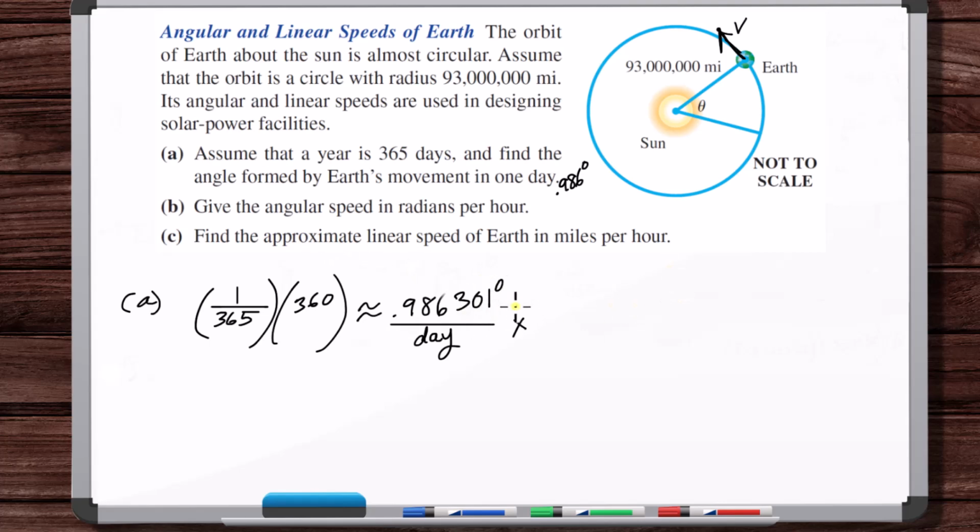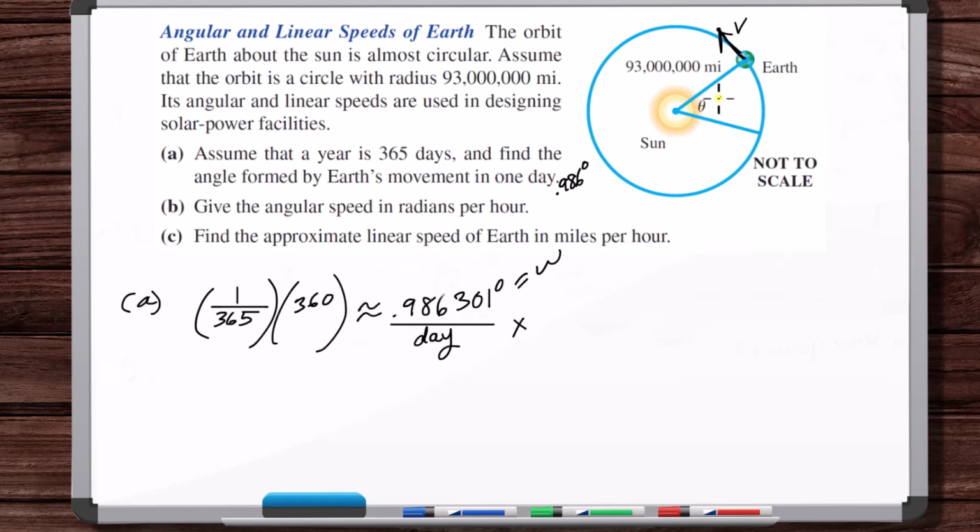It seems weird, but this is an angular velocity right here: 0.986301 degrees per day. It's an amount of angle per an amount of time. That is angular velocity. It's just not in units we're used to expressing angular velocity in, so all we have to do is a unit conversion.